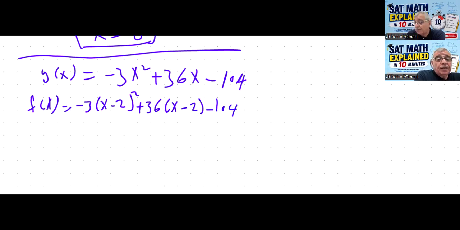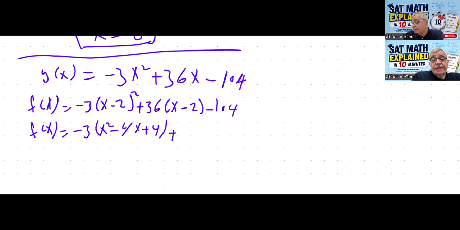f of x equals minus 3 times (x squared minus 4x plus 4) plus 36x minus 72 minus 104.